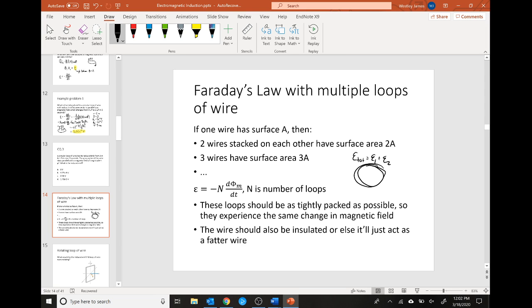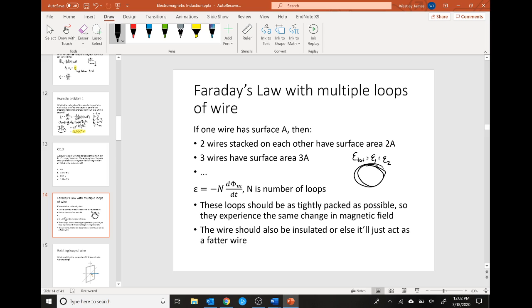So you need them to be insulated so they each act independently from each other. And this could be one wire that is coiled. Imagine a slinky that you compress really tightly. If you insulated that slinky, that's a good visualization for what this would look like. It can be one wire that just keeps coiling, and coiling.